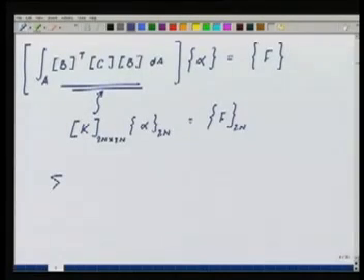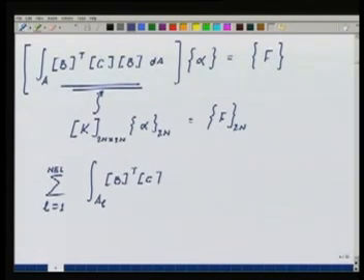I can write this now as the sum over elements 1 to the number of elements, of the integral over the area of the element L of this piece. So this will be this guy.